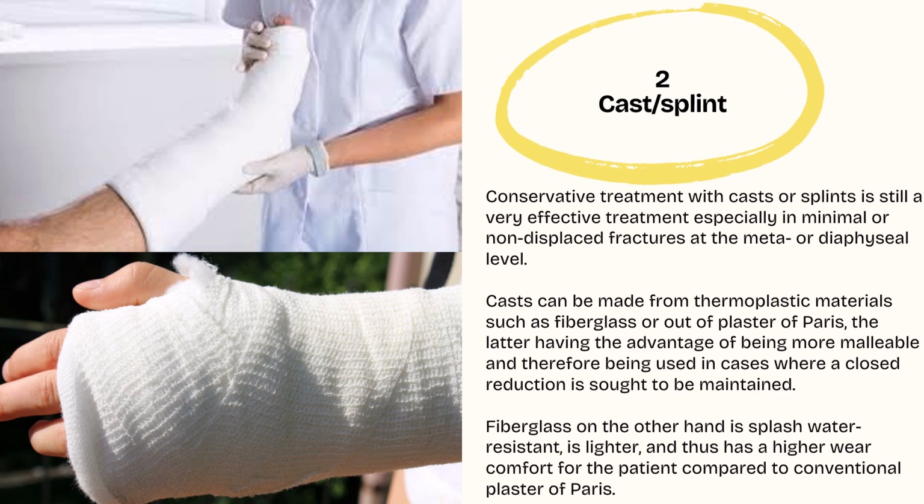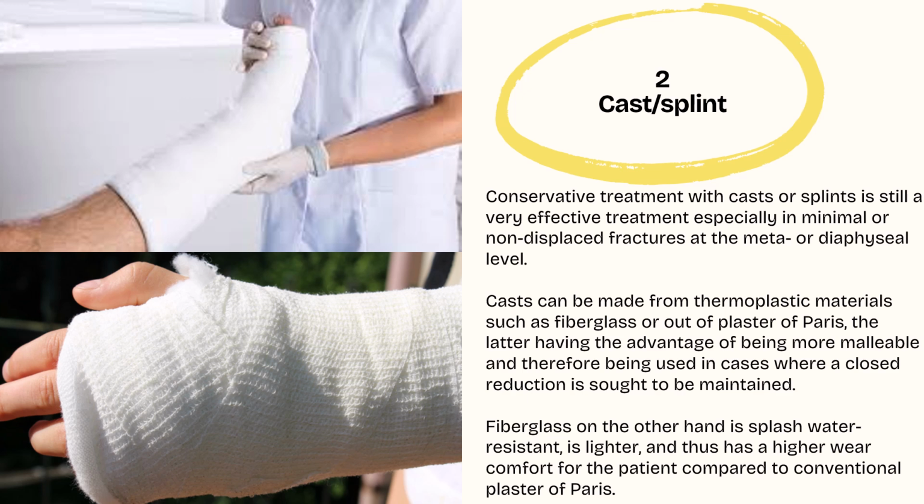The second is cast or splint. Conservative treatment with cast or splint is still a very effective treatment, especially in minimally or non-displaced fractures at the meta or diaphysis level. The cast can be made from thermoplastic materials such as fiberglass or plaster.